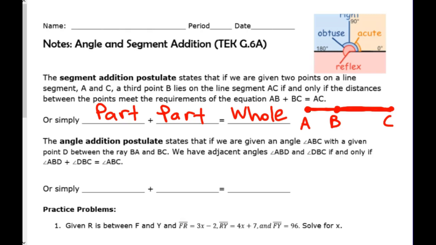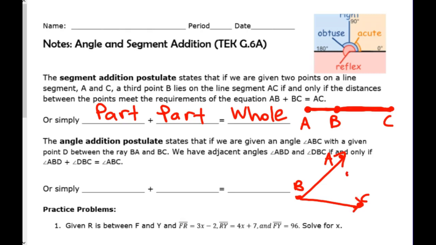So on angles, the angle addition postulate states that if we are given an angle ABC, let's go ahead and draw that. So I got angle A, B, C. All right, and it says with a given point D between the rays of BA, rays. Sorry.